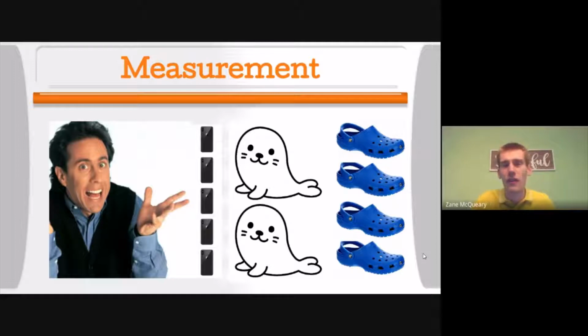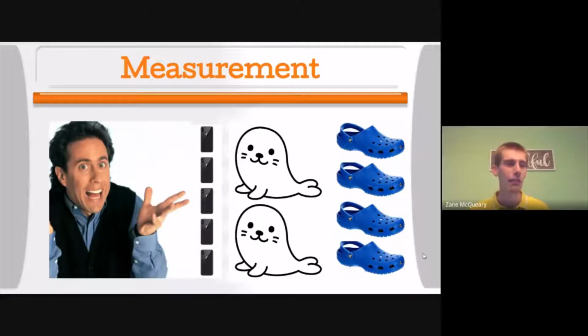So he might be 5 small baby seals, maybe only 2 big baby seals tall. Or if you're going back and forth between different versions of the iPhone, an iPhone 11 versus an iPhone 7 might get different results. Or like, I have really big feet, for example. My Crocs are going to be a lot larger than the normal person's, right? So it's going to be less Crocs for me to get that same measurement.